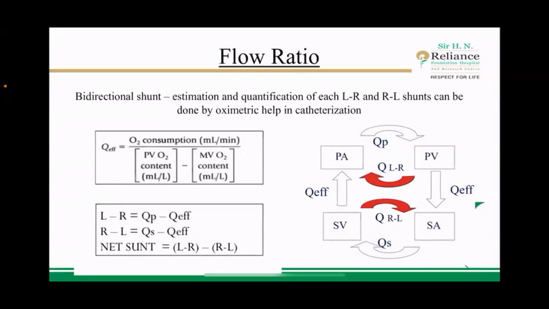So the pulmonary flow will be equal to the effective flow plus the left to right shunted flow. Similarly, the systemic flow is equal to effective flow plus the right to left shunted flow. So left to right shunt can be calculated as QP minus Q effective, and right to left shunt as QS minus Q effective. In case of a bidirectional shunt, you can use the effective flow formula to calculate the difference in the left to right and right to left shunt.